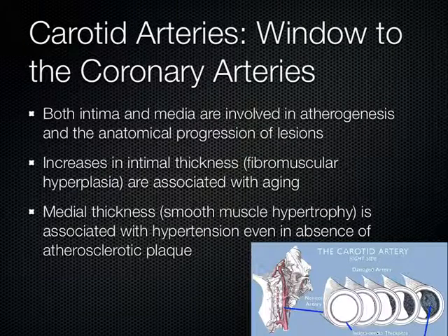Cool. Carotid arteries. The intimal medial thickness of the wall of the carotid artery is a surrogate marker for all of the vasculature in the body. What do I mean by that? A surrogate marker, we use these things in medicine all the time.